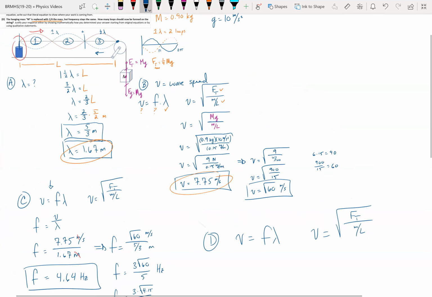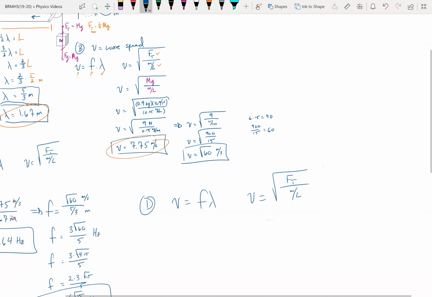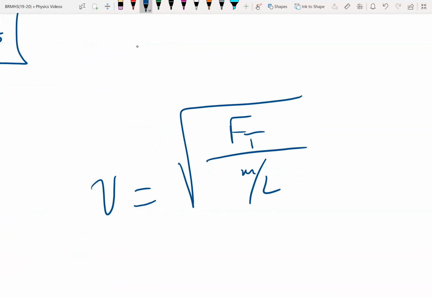Be careful, the mass that's changing, capital M, is not the mass of the string. That is the mass of the string. Remember, our tension force is capital M times little g, and this capital M is the one that is now smaller. In fact, it is 1/4 of what it used to be.